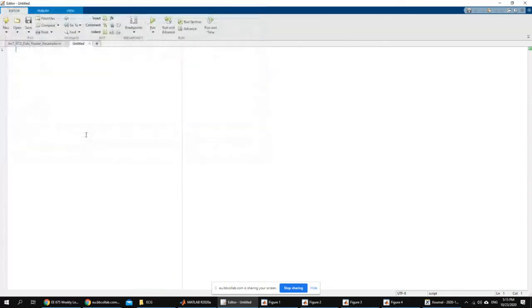Okay, so I'm going to simulate two sets of sinusoidal signals with different frequencies and random phase.